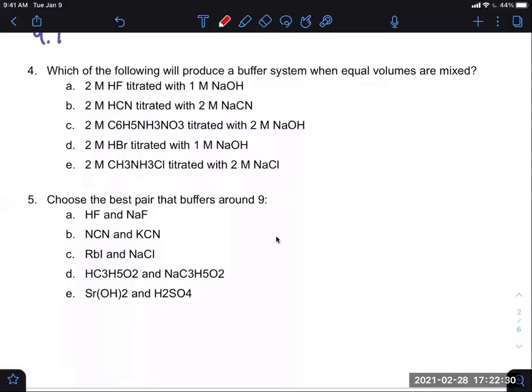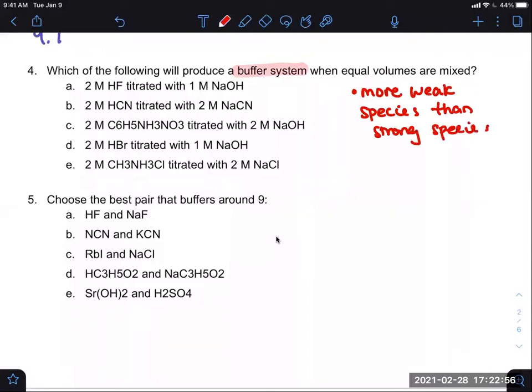So let's look at the first one. Well, first, let me remind you what we ideally want, right? When we want to find that buffer system, we want those conjugates to be around. Therefore, we want more weak species than strong species.